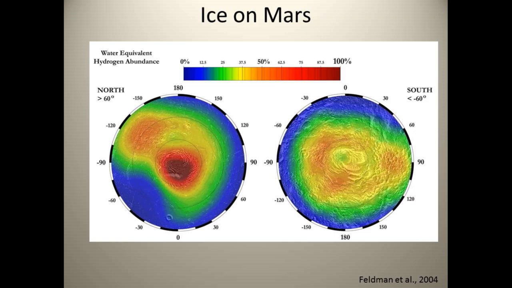And what we see is that poleward of 60 degrees, we have anywhere from 25 to 90% water ice in the uppermost meter of the surface by volume. That's a lot of water ice. And we can only penetrate 1 meter down. So there could be much, much more water ice available as well.